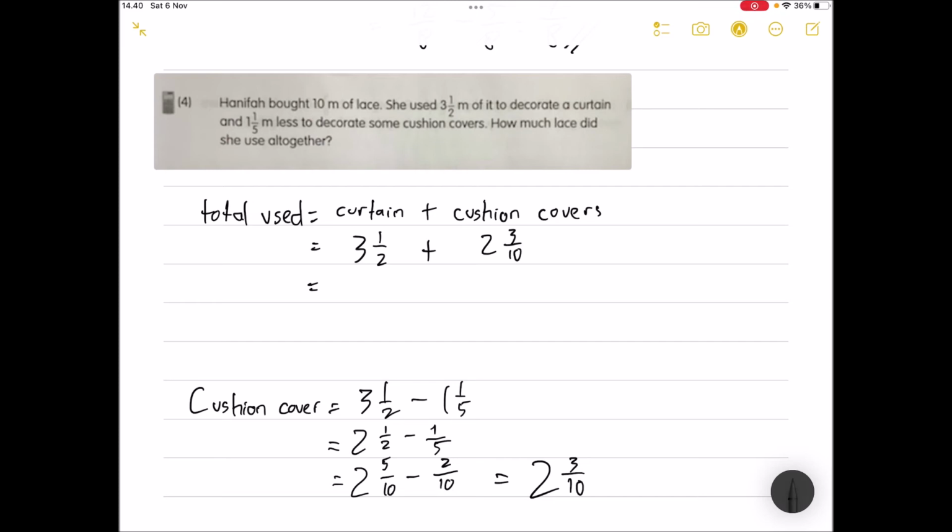I will add the whole number. So I had 3, and then I had half plus 3/10. I will make sure that the whole number stay, and then make a common denominator. In this situation, sorry, it will be 10. So 2 multiplied by one number to become 10, it will be multiplied by 5.